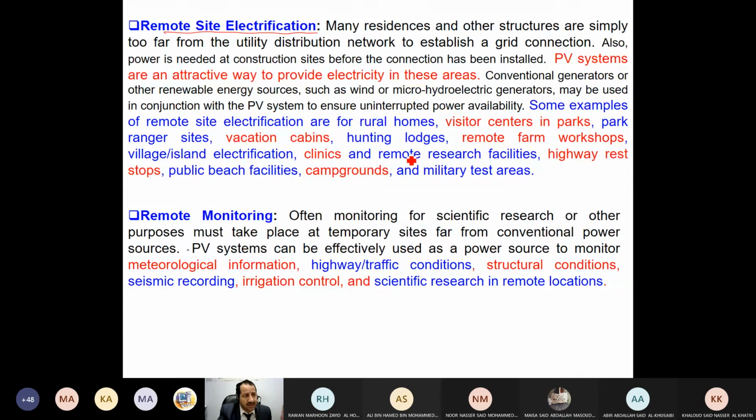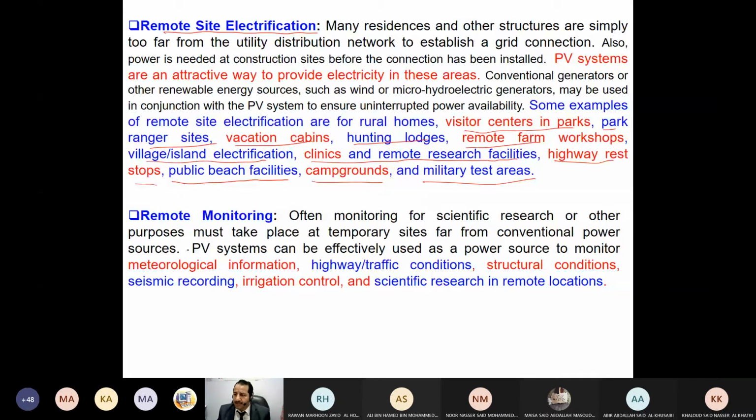Examples of remote electrification are houses in rural areas or villages, visitor center parks, park ranger sites, vacation cabins, hunting lodges, remote farm workshops, village electrification, clinics and remote research facilities, highway rest stops. I'm trying to read from the slide to show you these applications. There are also many public beach facilities, campgrounds and military test areas.